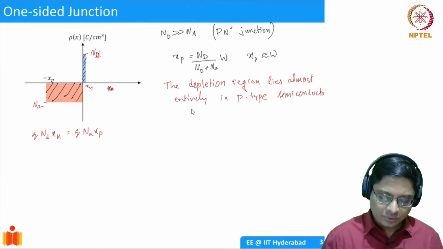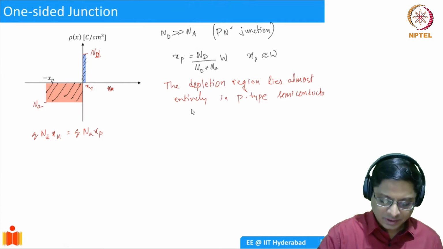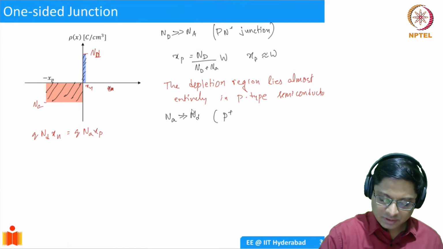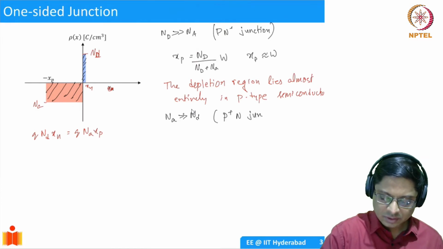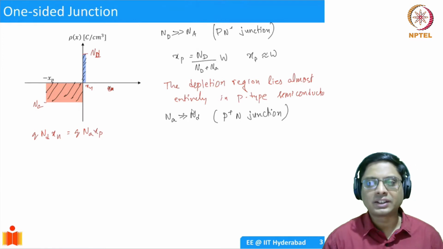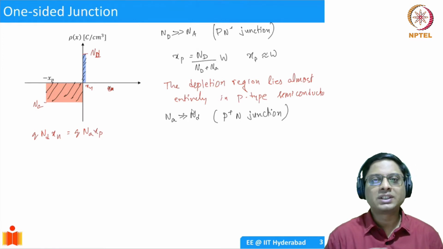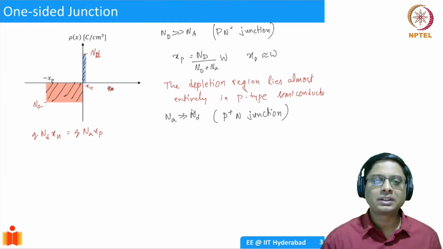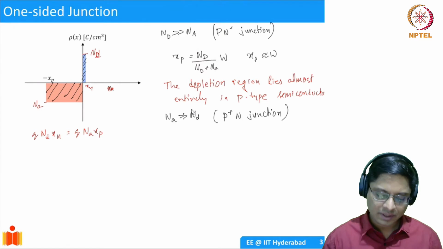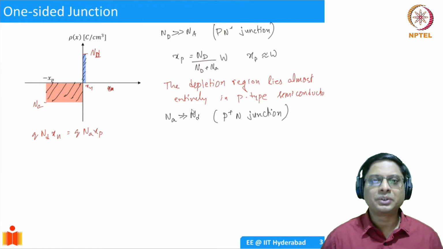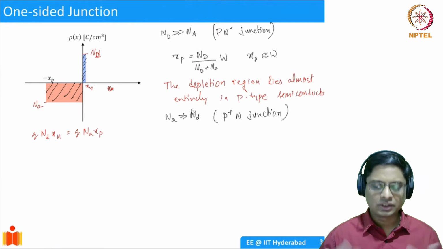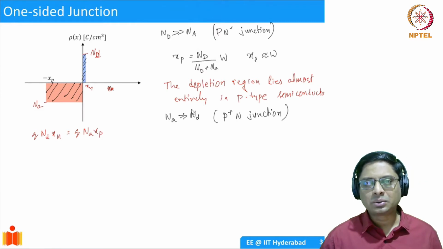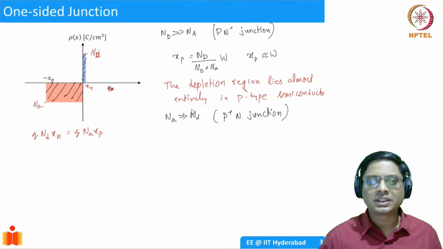Okay. You could also analyze what happens when NA is much greater than ND. This scenario is called NA is large, so a P plus N junction. So this is another type of one-sided junction. One-sided because the depletion region is going to lie in only one type of semiconductor, not the other. Whichever has a lower doping, that's where the depletion region is going to be. You could understand intuitively also that when you have a large doping, it will lead to excess carriers which can diffuse into the other region and then create a space charge.